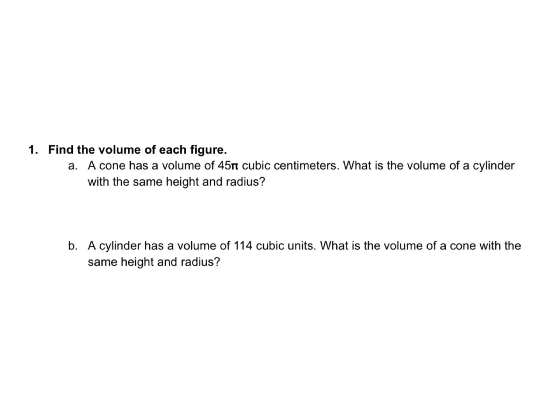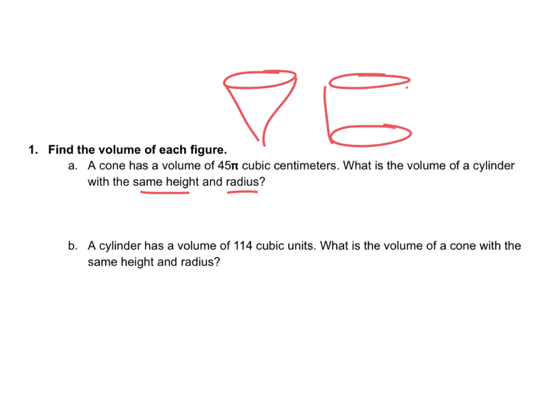A cone has a volume of 45 pi cubic centimeters. What is the volume of a cylinder with the same height and the same radius? So we have learned that a cone and a cylinder have a relationship. It would take 3 cones to fill up a cylinder.